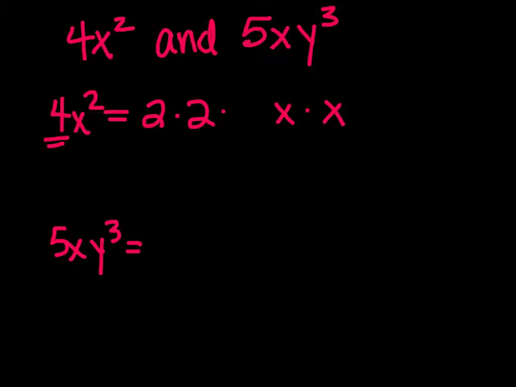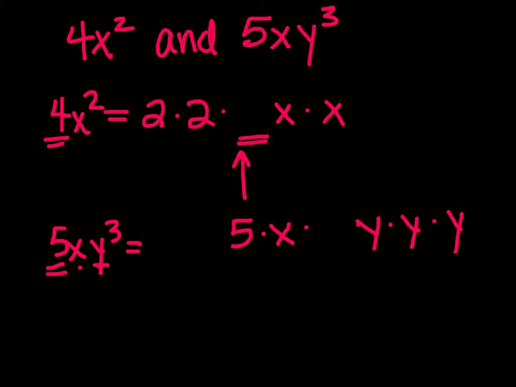You notice I just made a space right there, and I want to show you why in this next part. We have the number 5 here. 5 can't be broken down into 2s. 5 is just simply 5. Look how I've aligned that, so that they're all kind of next to each other. And now I have an x, so we have times x, and then we have 3 y's. So we have times y times y times y.